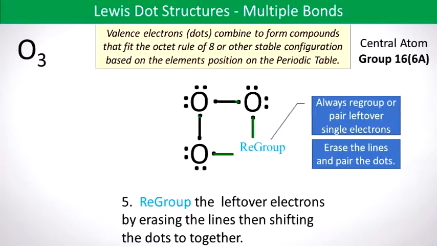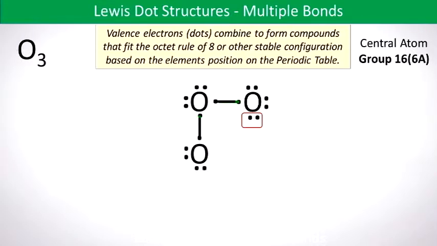In this particular case, we want to regroup. Remember, we never want to leave an electron unpaired in a Lewis structure. So we regroup these simply by sending one of the electrons to the other oxygen. It doesn't matter which direction you go here, as long as you pair them up, regroup them so they're paired, as shown here.